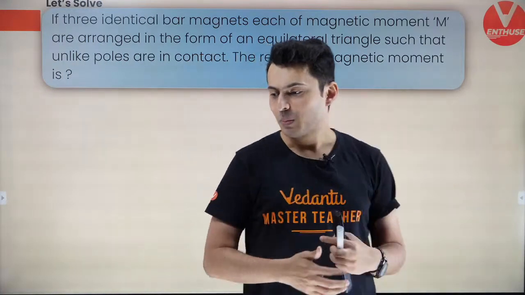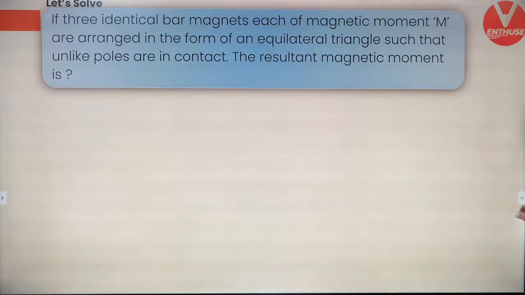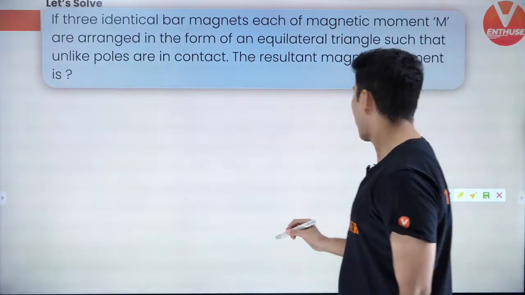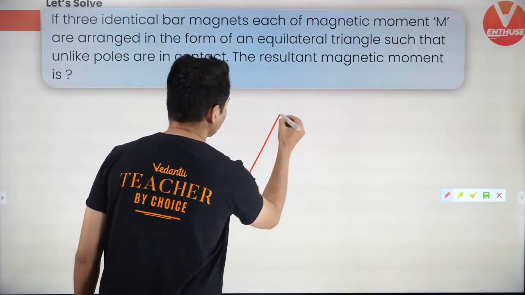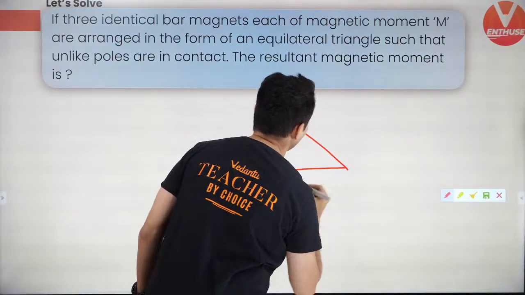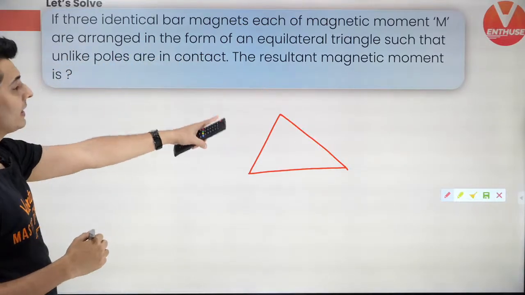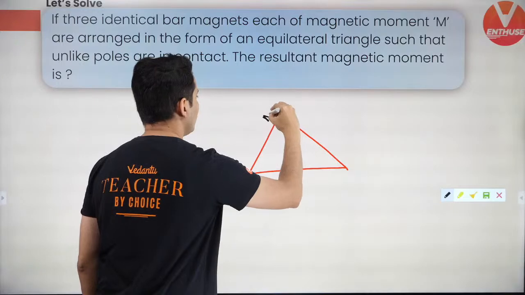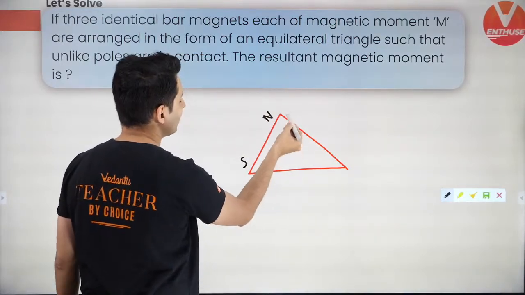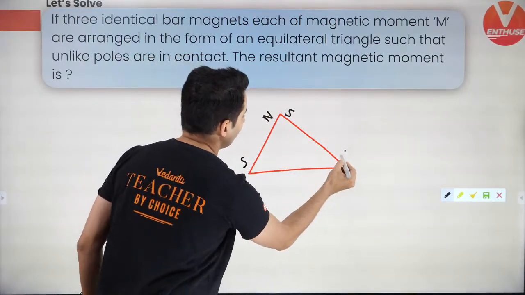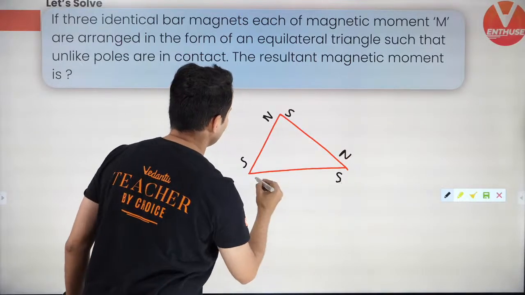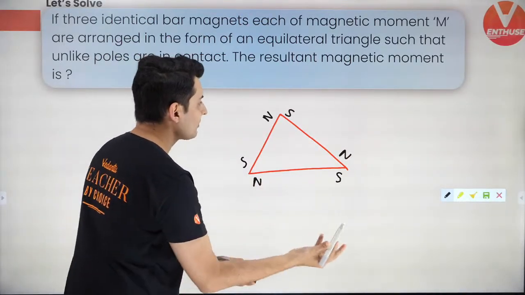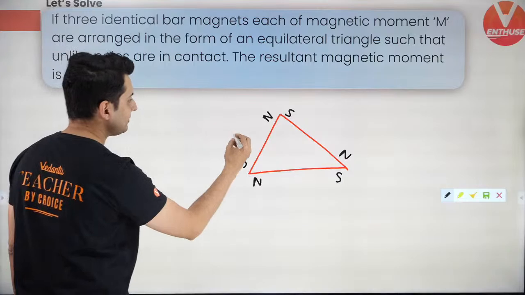Okay, very good. Looks like many of you have understood how to solve this. Guys, think about it. This is your equilateral triangle. 3 identical magnets, that means equilateral triangle, such that if this is the north pole of one magnet, it is with the south pole of the other magnet. This is north pole, this is south pole, this is north pole. Guys, think about their magnetic moments.